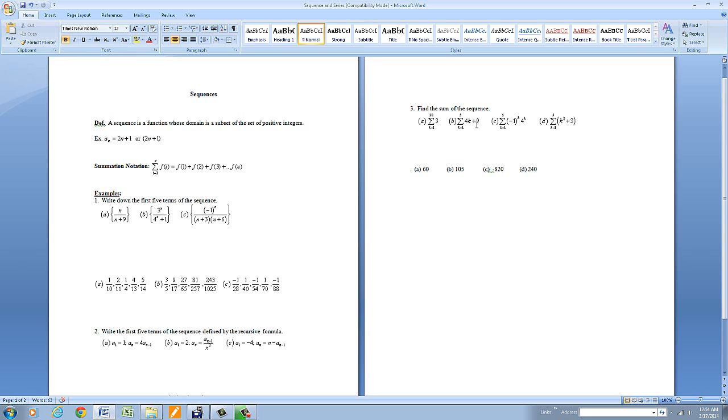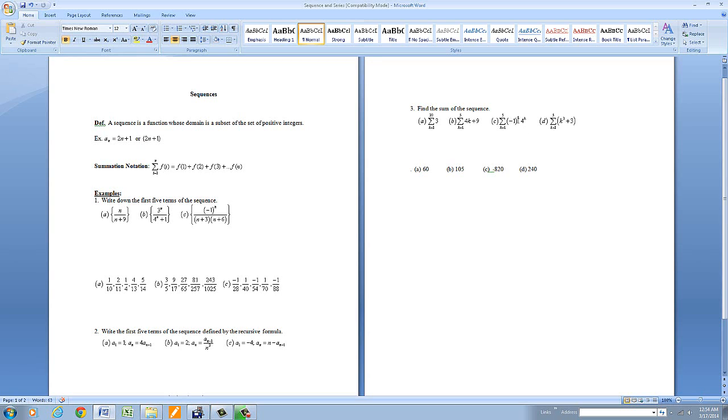That's 12 and 9 is 21. Plug in a 4. 4 times 4, 16, plus 9 is 25. Plug in a 5. 5 times 4 is 20, and 9, 29. So you have 13 plus 17 plus 21 plus 25 plus 29, and you get this answer right here.